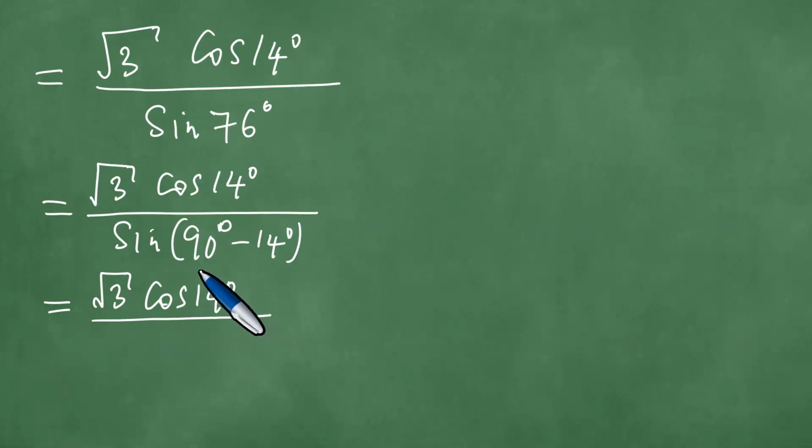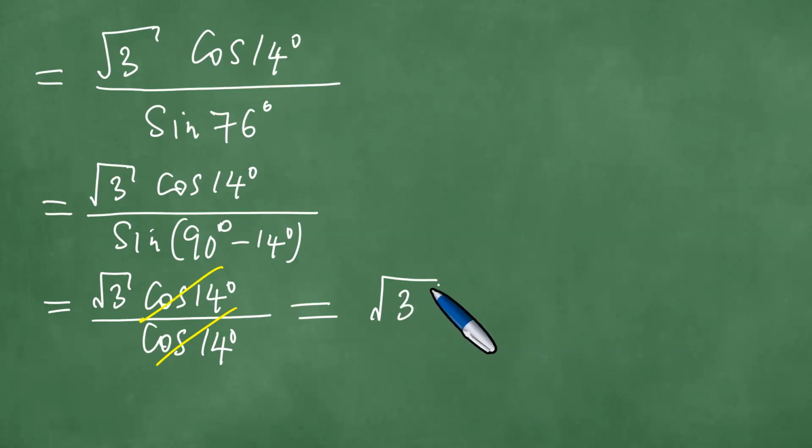The Coco rule says that 90 degrees minus something is in the first quadrant, where all trigonometric functions are positive. So the answer is going to be positive, but it's going to change from sine, because sine has no co. You put a co, it becomes cosine. And the minute you write cosine, we write only cos of 14 degrees. And we are in business now, because you can see this one cancels this. And the answer is the square root of 3.